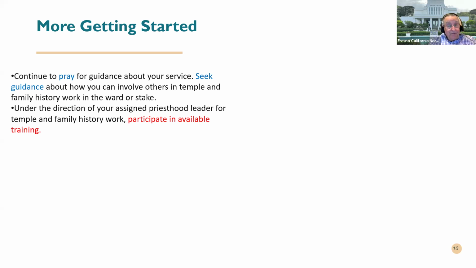Under direction of your assigned priesthood leader, participate in available training. Hopefully your leader will guide you towards some training. It might be on the ward level. It might be on your stake level. It could be these classes. It could be watching things on the FamilySearch website under help and learning.